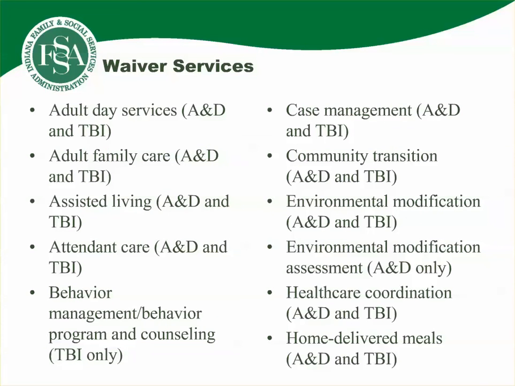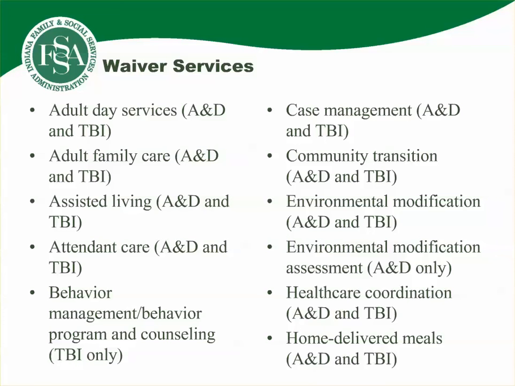Now, the next couple of slides show all of the services that are available on these two waivers, and you'll see behind each service it'll indicate A and D for aged and disabled, or TBI for traumatic brain injury. And you can see here that the traumatic brain injury waiver has several services that pertain more to the kinds of functioning that they would need.